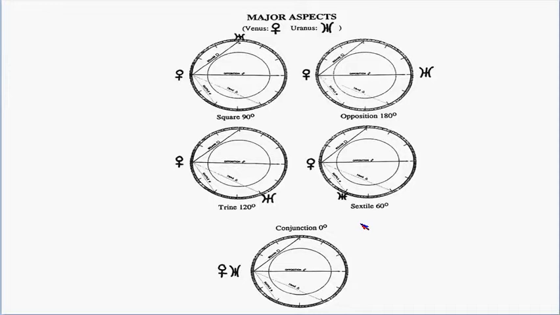There are others out there, but they tend to have minor impact on any of the markets from a trading standpoint. We're going to focus on the ones that are 90 degrees or square, 180 degrees or opposition, 120 degrees or trine, 60 degrees sextile, and 0 degrees or conjunction. We will be going through all of these during our webcast.